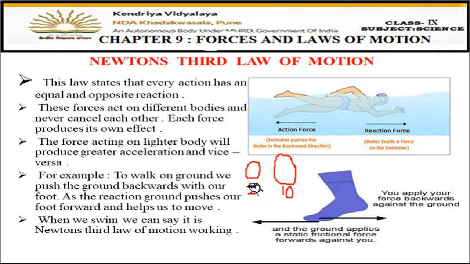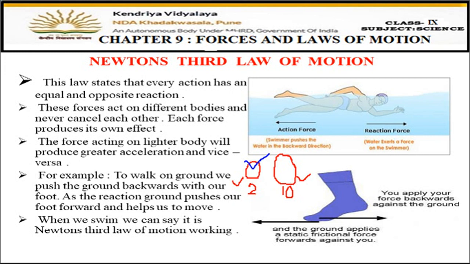The first body having 2 kg weight is lighter than the second body which is having a weight of 10 kg. So it will be easier to give an acceleration to the body having 2 kg of weight because it is lighter, so it will move faster and be accelerated more in comparison to the second body which is having 10 kg of weight. So you have to remember that the lighter body will move with greater acceleration and the heavy body will move with a low acceleration.